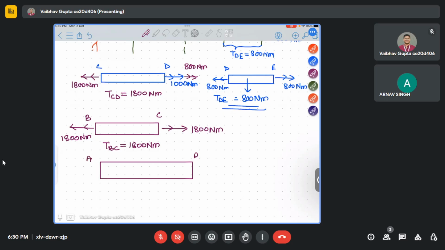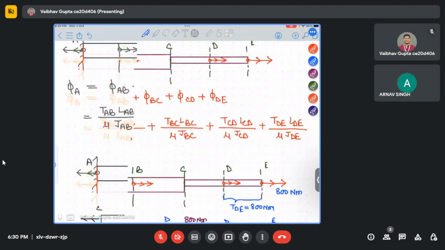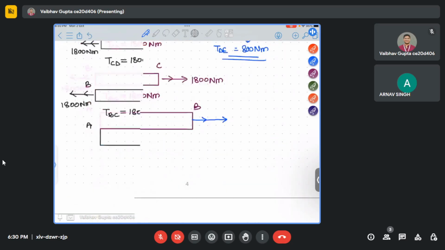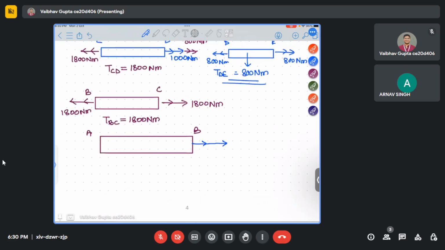Now finally, AB. For AB, at B, a 500 Newton meter load was given, no? So 500 is already applied at B. And due to Newton's third law of motion, 1800 will come.